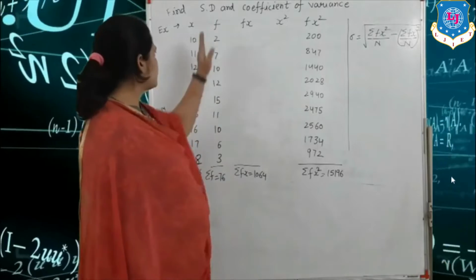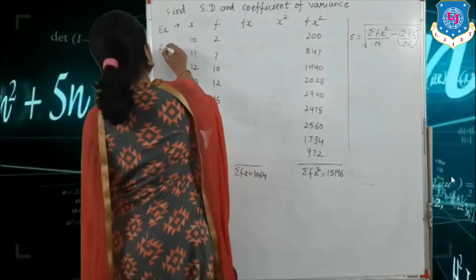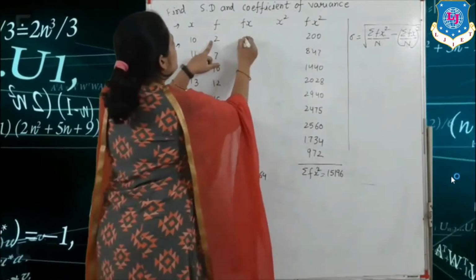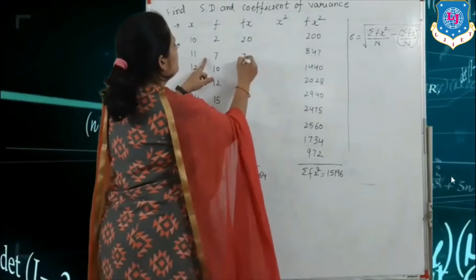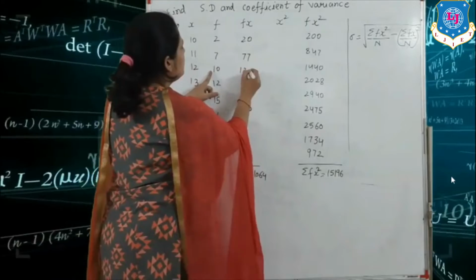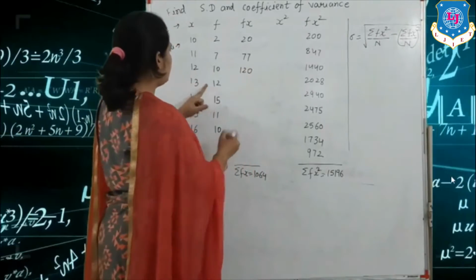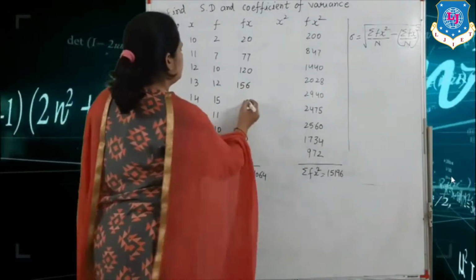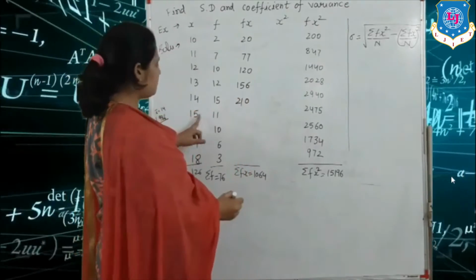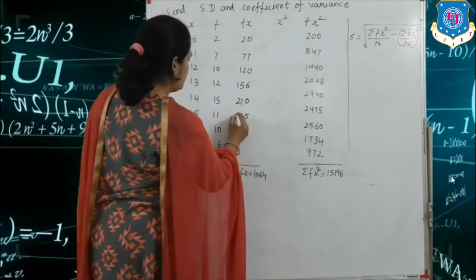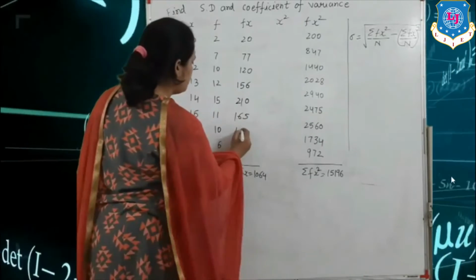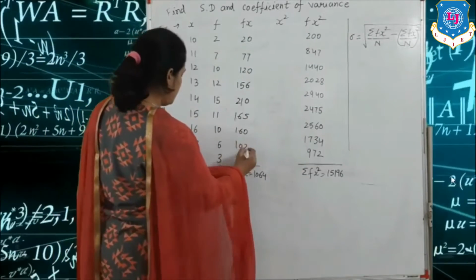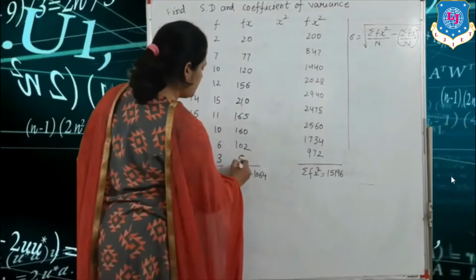First we write the values of x and f according to our solution. Multiply f into x. That means 10 into 2 is 20, 11 into 7 is 77, 12 into 10 is 120, 13 into 12 is 156, 14 into 15 is 210, 15 into 11 is 165, 16 into 10 is 160, 17 into 6 is 102 and 18 into 3 is 54.